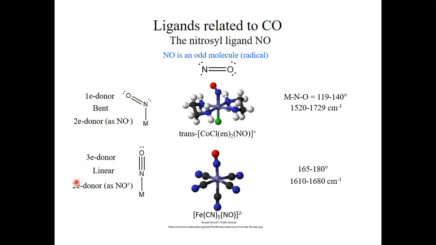So you can also view the linear structure in a different way. Instead of saying that we have a neutral NO as a 3 electron donor, we can say that we have an NO plus, which doesn't have this radical electron here, but only these 2 electrons binding as a 2 electron donor. Okay? So which mode the NO ligand chooses depends on what creates the maximum stability for the complex, which is often guided by the 18 electron rule.